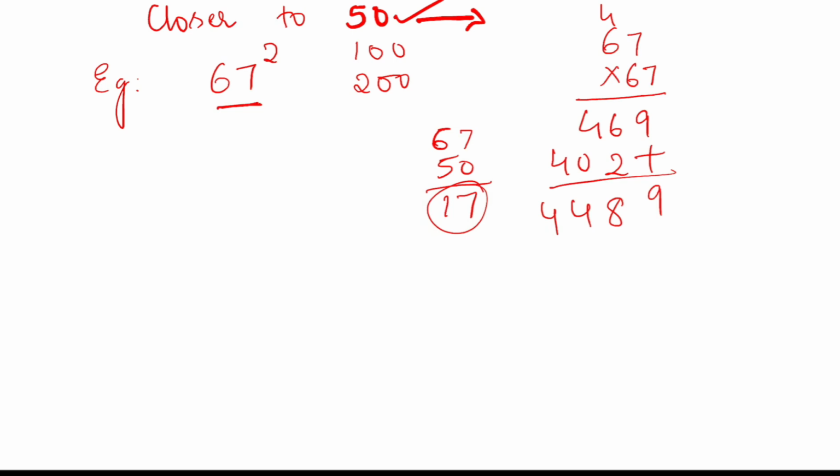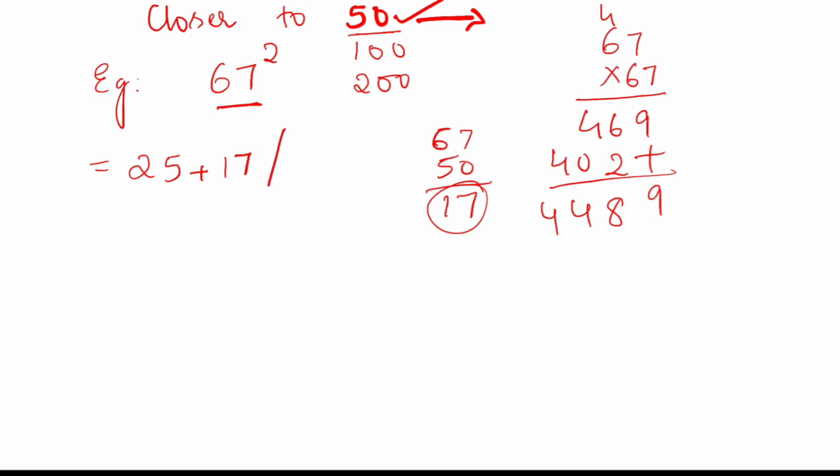So what you have to do? Take 25. This 25 we take for all numbers close to 50. Now it is 17 more, so add 17 to this 25.